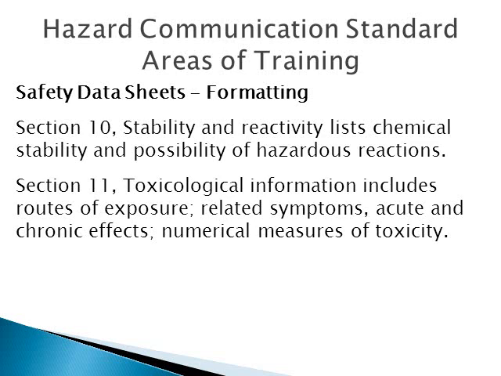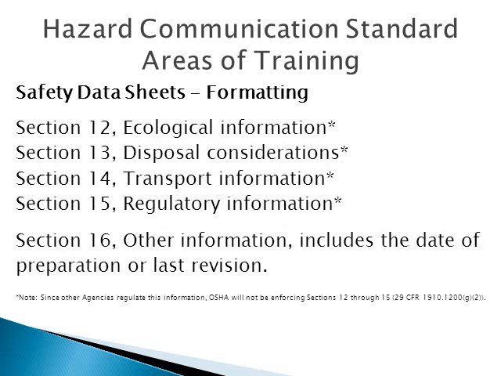Section 11 provides information on the toxicity of the chemical, including symptoms, acute and chronic effects, and how one might become exposed. Sections 12 through 15 provide additional information not governed by OSHA. Section 16 details the date that the information was prepared or that the safety data sheet was last revised.